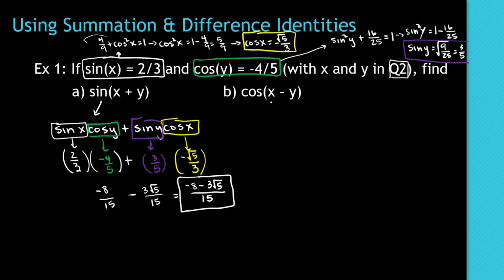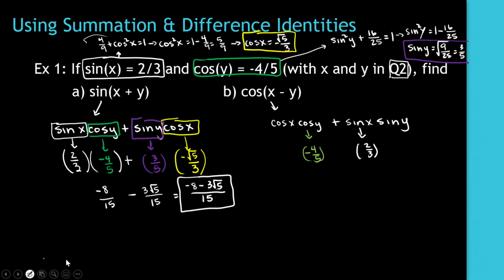Now we can do the same thing for cosine. So cosine of x minus y would be cosine of x, cosine of y, plus sine of x, sine of y. So let's replace all of our corresponding pieces. So sine of x is 2/3. Okay. Cosine of y is -4/5. That's the green.